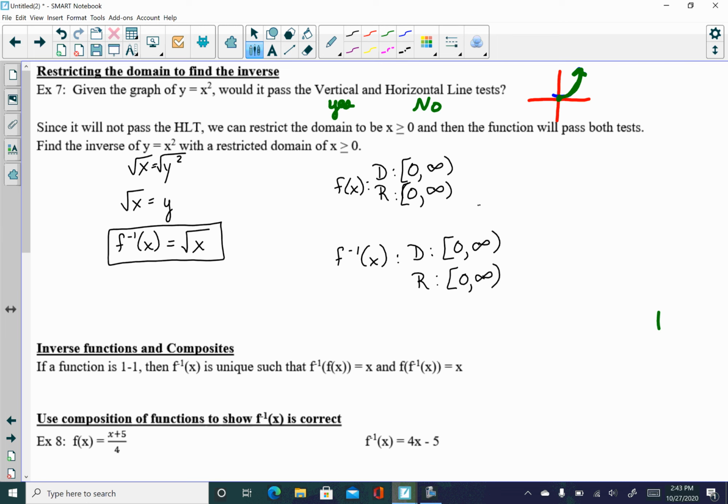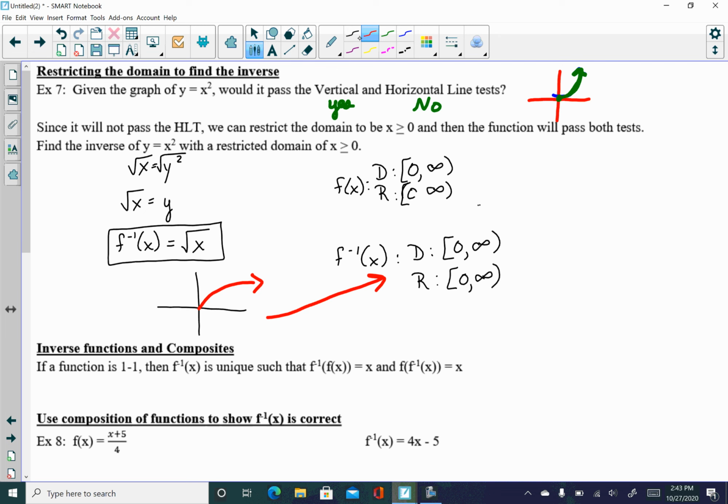And sure enough, if you were to graph this, the square root of x, that's your inverse function, it looks like this. And so wouldn't you agree that its domain goes from 0 to infinity, and likewise its range goes from 0 to infinity? You don't quite see the switching happening here, but it is happening behind the scenes.